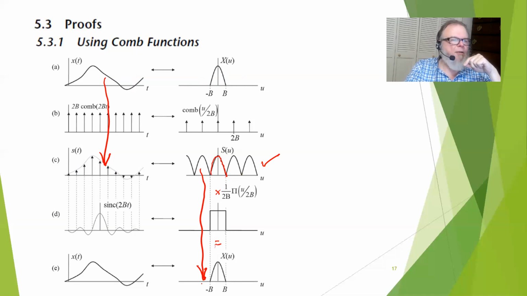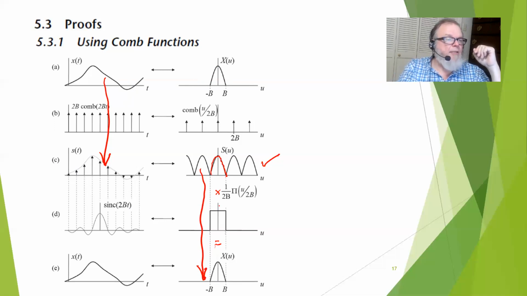This is all well and good and very intuitive, right? Remember, the intuition up here is in time. The intuition over here on the right is through frequency. Well, let's see what happens in the frequency domain, which is not as intuitive. We're going to multiply by a rectangle here to get the original signal back.